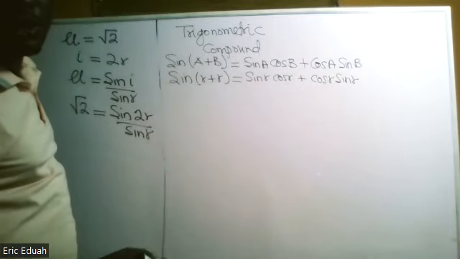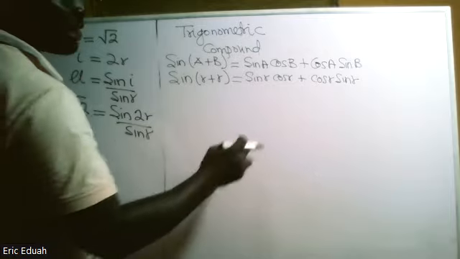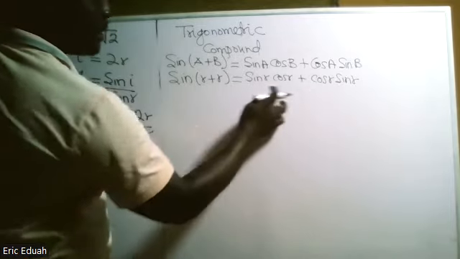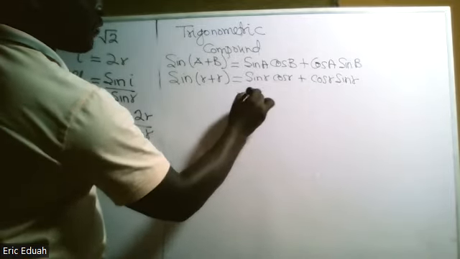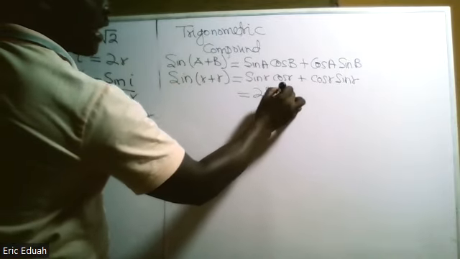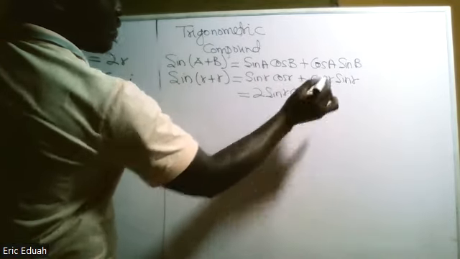But because multiplication is commutative, cos r sine r will be the same as this. So we have 2 sine r cos r.